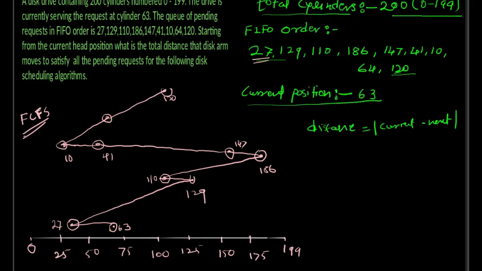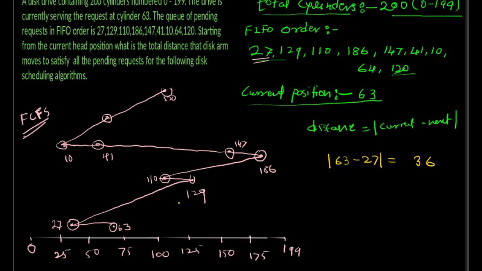First, the current position is 63 and we have moved to 27. So what is the difference? Current is 63, next is 27. This is the absolute value of 63 minus 27 or 27 minus 63. Whatever you do, we have to write the absolute value. So 63 minus 27 is 36.